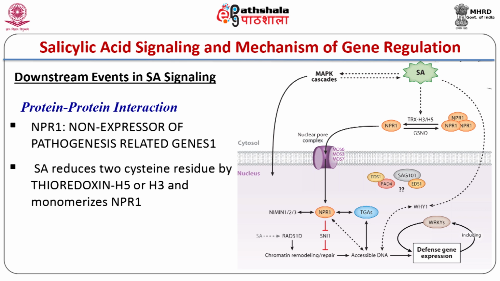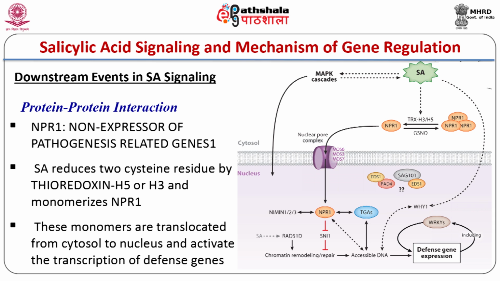Salicylic acid induced changes in the cellular redox state reduce 2 cysteine residues by thioredoxin H5 or H3 and monomerize NPR1. Finally, these monomers are translocated from the cytosol to the nucleus and activate the transcription of defense genes.